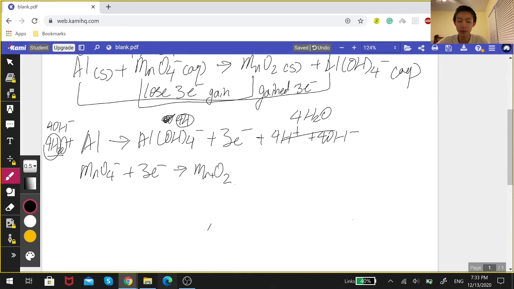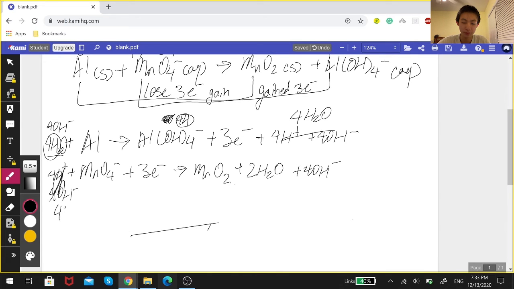Second part, this side has 2 more oxygens, so we're going to add 2 H2O. And to neutralize that, we're going to add 4 H plus. And to cancel that out, we're going to add 4 OH minuses on this side and plus 4 OH minuses on this side, which makes this 4 H2Os as well. Alright, so what does this make?